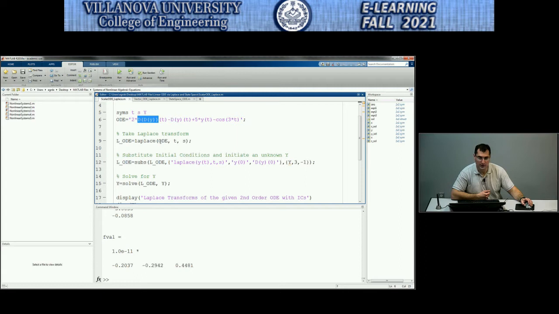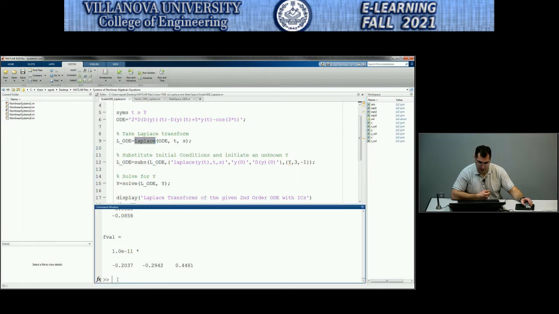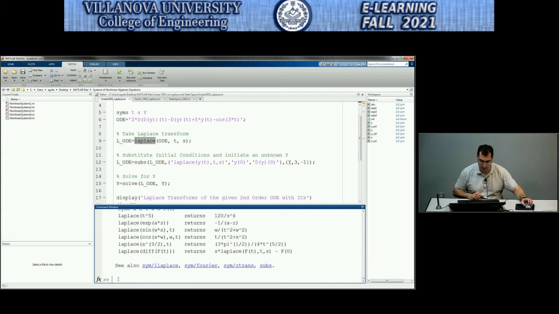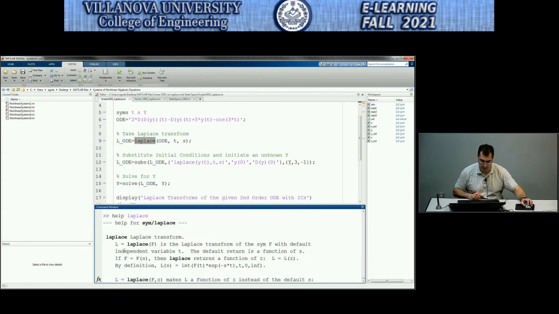You take the Laplace transform via the command called laplace. You have to be a little bit specific about this. As always, if you see a new command and you want to know more about it, you just type help laplace in the command window, and MATLAB will give you everything you need to know about it.